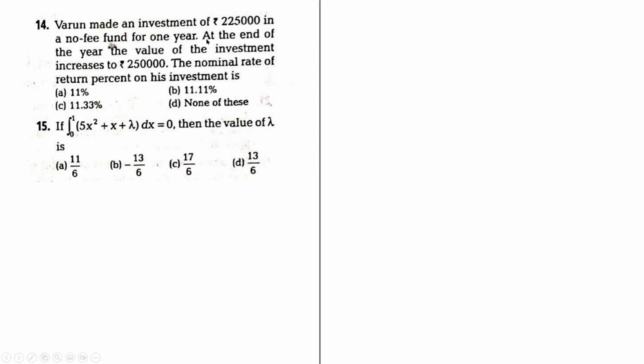So here the initial amount was 2,25,000 and it increased to 2,50,000. The nominal rate of return, it is calculated as nominal rate, it is final value minus initial value upon initial value into 100.